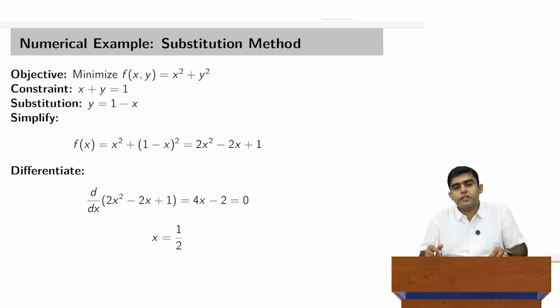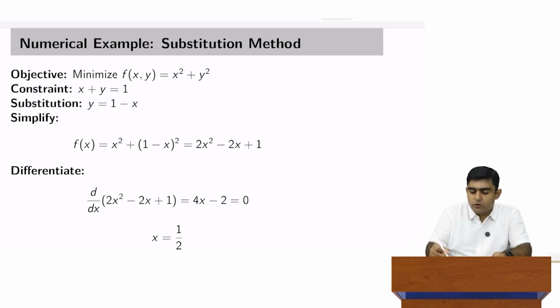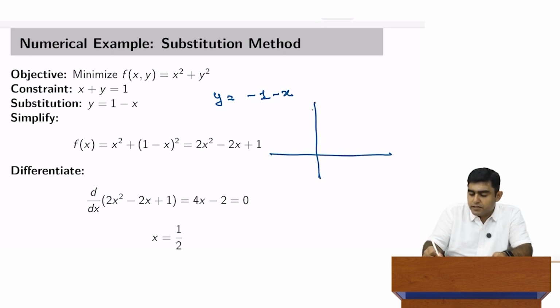However, now there is a constraint, that is, we have to find the minimum value of the function when x plus y is equal to 1. If I draw a line y is equal to minus 1 minus x, this line would look something like this, with a negative intercept of minus 1 and also a slope of minus 1.